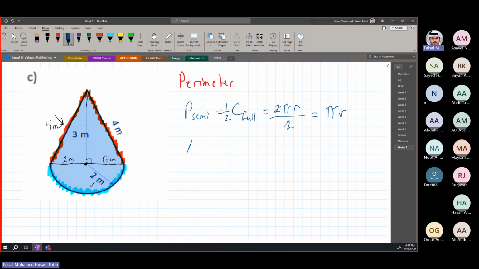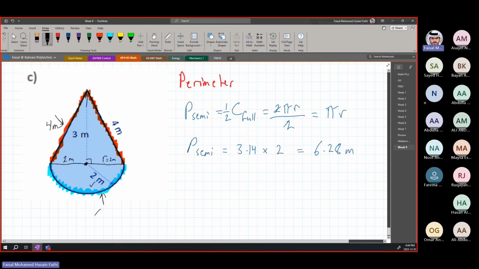Pi in the question was given as 3.14 times r. r is equal to 2 meters. So the perimeter is 6.28 meters. Simple. Now we found the perimeter of the semicircle, which is 6.28 meters.